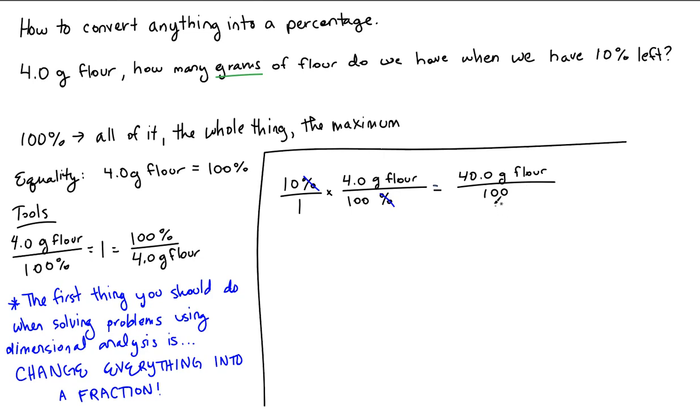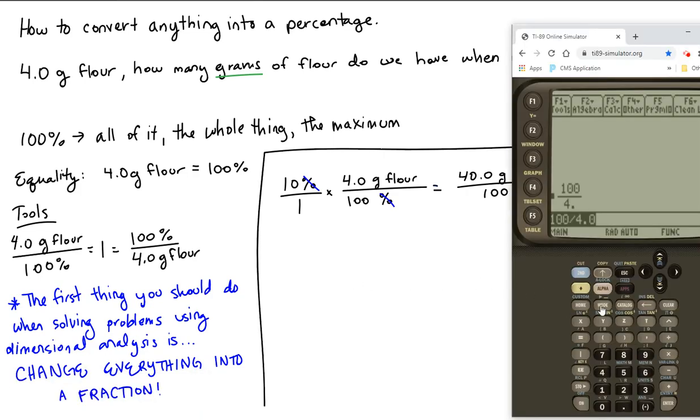And so now let's ask our calculator, what is 40 divided by 100? Let's see what the calculator says. So 40 divided by 100 gives us 2/5. Now let's just say we want that in decimal form. I'm just going to click this green button here and say, give it to me in a decimal.